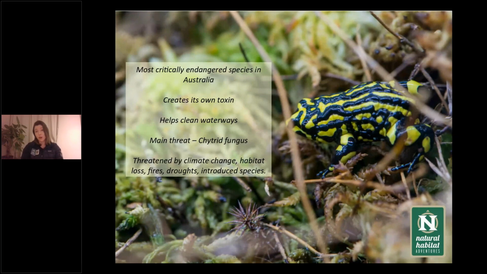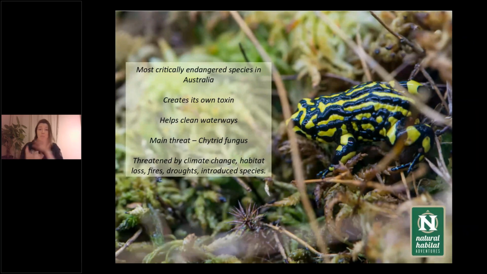Now, like a lot of frogs around the world, and I'm sure some of you may be aware, they are very much threatened by the chytrid fungus. The chytrid fungus is their main threat. It is a waterborne fungus, so it spreads through waterways, and it also takes a long time to kill its host.